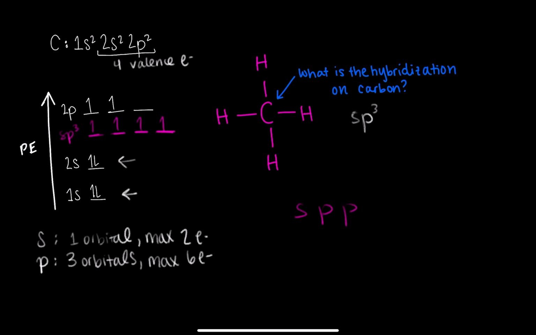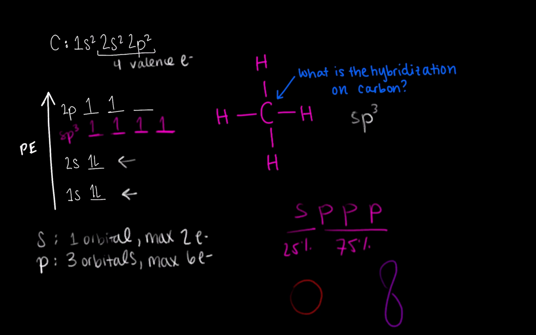I'm going to write this out another time down here. When we have sp3 hybridization, that's telling us that all 4 of these orbitals are hybridizing to create 4 sp3 orbitals. And what that means is that we're going to have 25% s character, and 75% p character. We know that an s orbital is spherical, and a p orbital has this dumbbell shape, and of course there's 3 of them across the xyz axes.